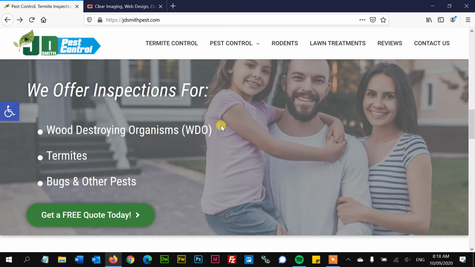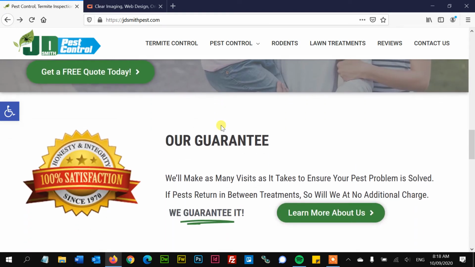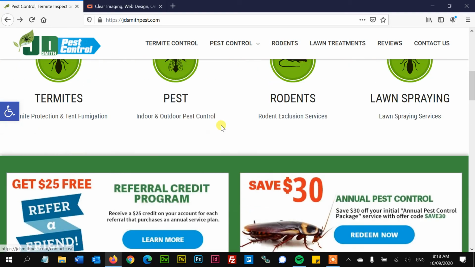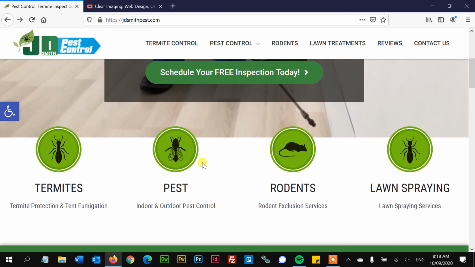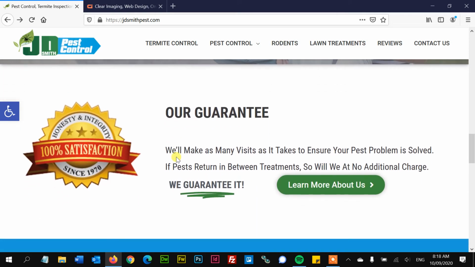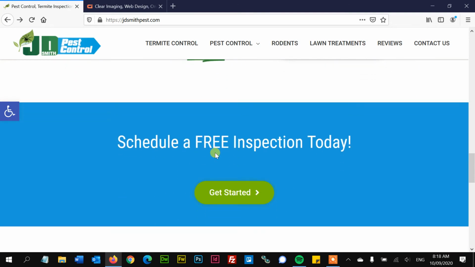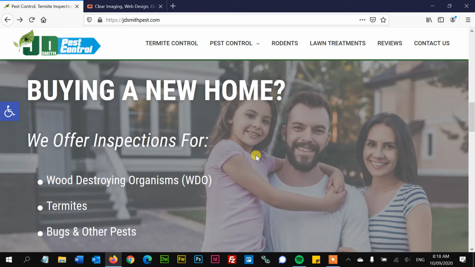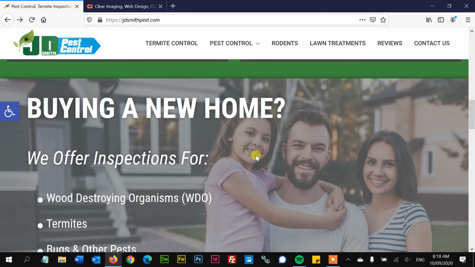All of your fears will be addressed, and you'll be able to have a bug-free home. So I don't see that strong pitch anywhere. I just see mentioning the services, coupons, and then buying a new home. Guarantee. Call to action. I don't see an actual pitch, right? So a good pitch is talking about the problem and the solution.